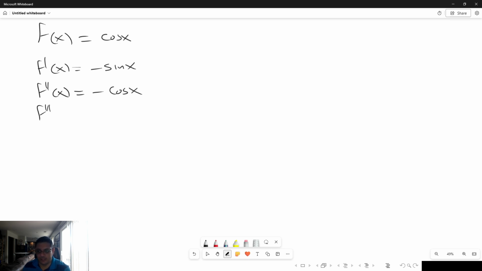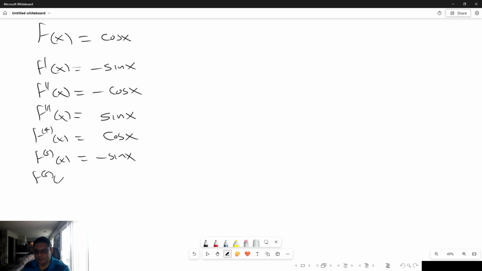Now f triple prime is going to be sine again, positive, and then the fourth derivative is going to be cosine of x, and then the fifth is going to be back to being sine. See? And then again minus cosine.